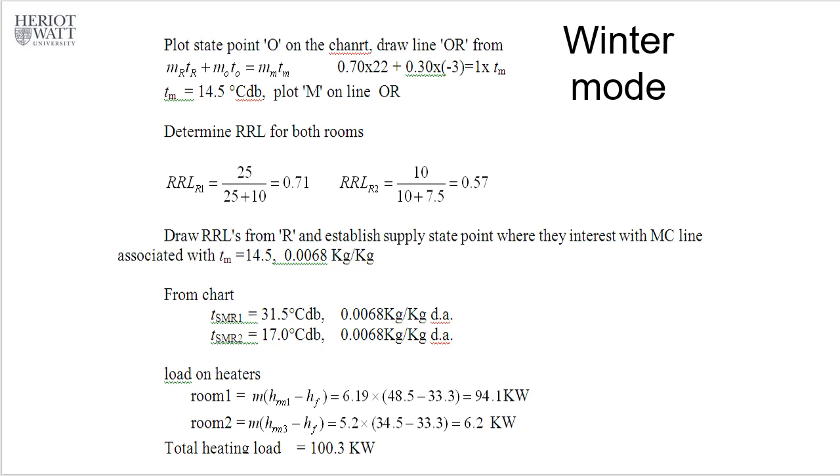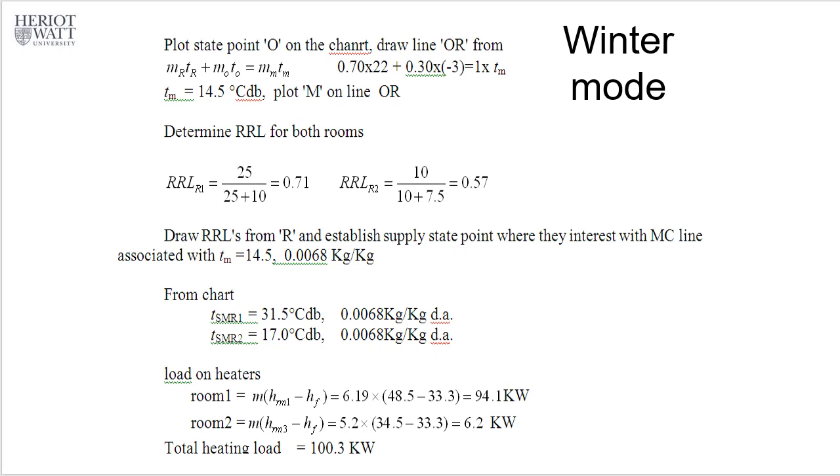No matter if it's sensible heat loss or sensible heat gain, you get this 0.71 and 0.57, right? And then you draw the lines according to the sensible heat loss or sensible heat gain, and you determine whether the line goes to the right or to the left.